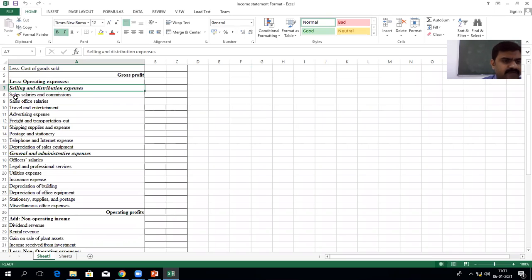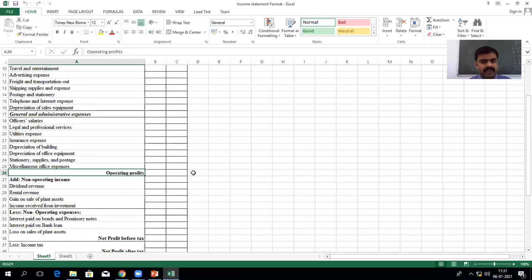You can see different examples given there, like salaries, commission, salary for sales officer, travel and entertainment, advertising expenses, freight, shipping, and all that. And then we have administration and general expenses like officer salary, legal and professional services, utilities, insurance, depreciation, all that.